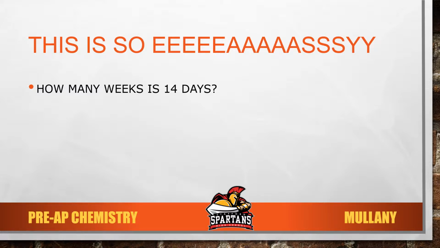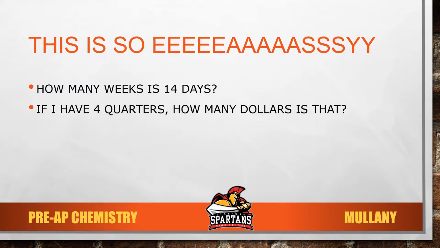Right. So next, if you've got 4 quarters, how many dollars is that? So here you're converting from the quarters unit to the dollars unit. Now, even though the number is going to change from 4 quarters to $1, a key point here to be aware of up front is that even though you're changing from 4 quarters to $1, it's still the same amount of money.